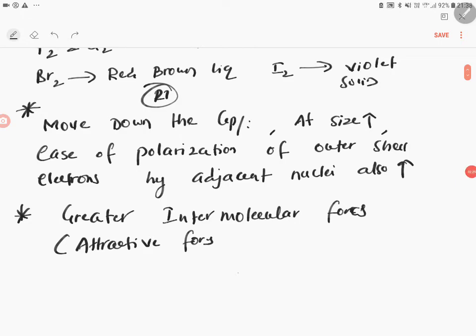Therefore, due to the attractive forces, intermolecular forces in the sense of attractive forces, increase, and so fluorine and chlorine exist as gases, bromine as a liquid and iodine as a solid.